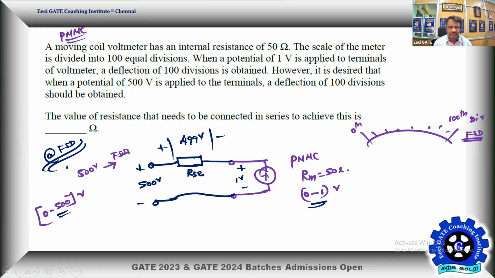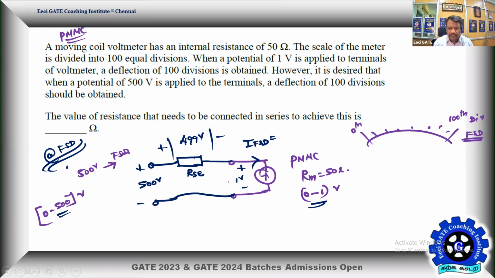R series is connected to bypass the extra voltage which the meter won't take at the full scale deflection point. At full scale deflection, the current flowing through the instrument should remain the same even if you apply 500 volt. What is the current at full scale?